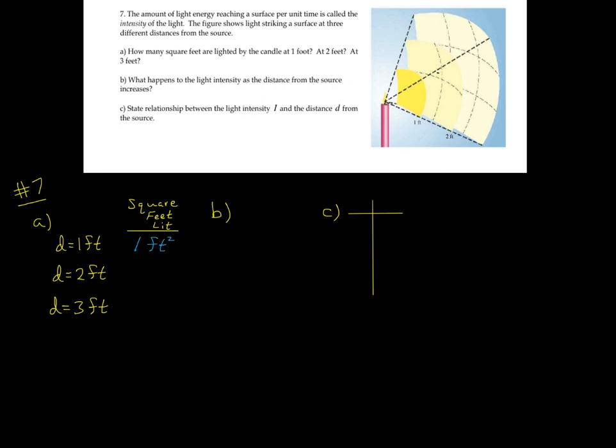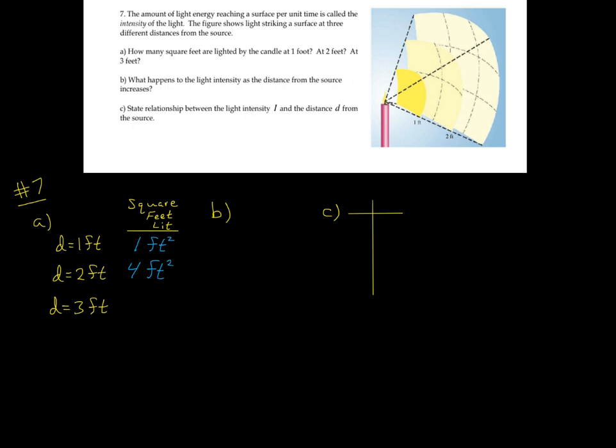Now, when I move out to a distance of 2 feet, I'm going to take this same amount of light, but now I'm going to spread it out over a 2 foot by 2 foot grid. So now I'm going to be lighting 4 square feet, 2 squared.